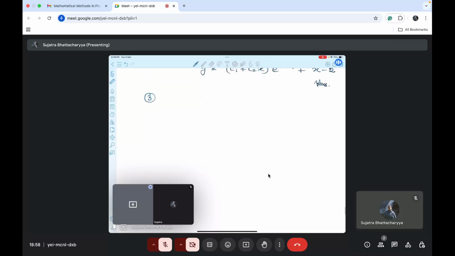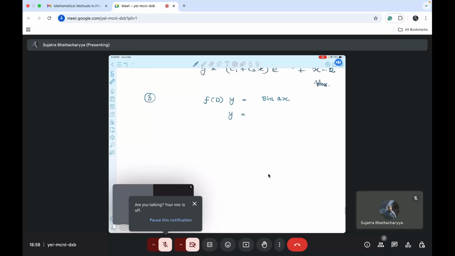So the third case is when you have y equal to some sine of ax, if this is the kind of function which is there. In this case, we have to write it in a different way. Sine of ax, we will write this as f of d square.